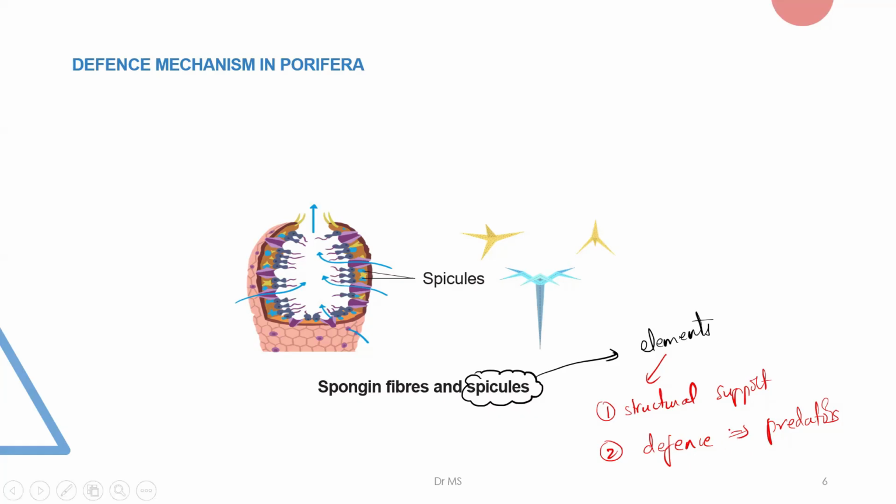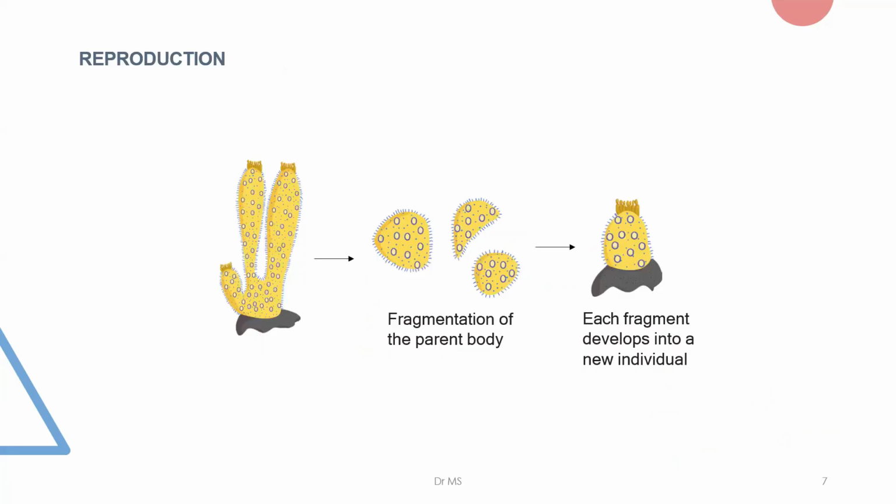Okay. So reproduction, they show both the asexual and sexual reproduction. Asexual reproduction will happen with the help of fragmentation. So can someone say what is the meaning of fragmentation?